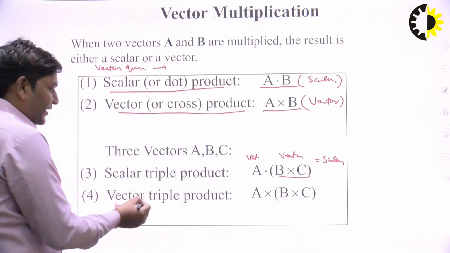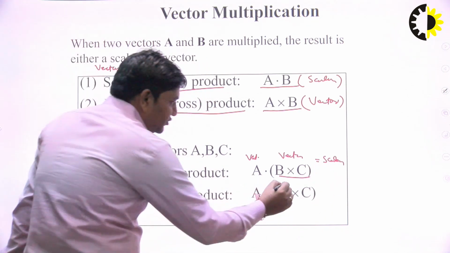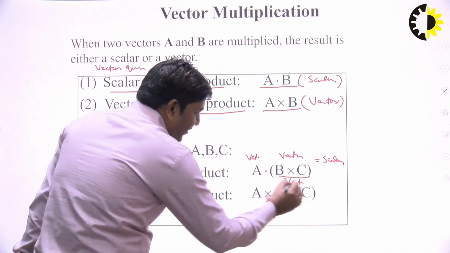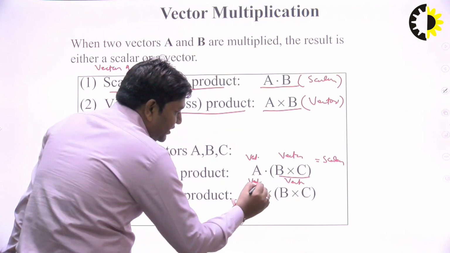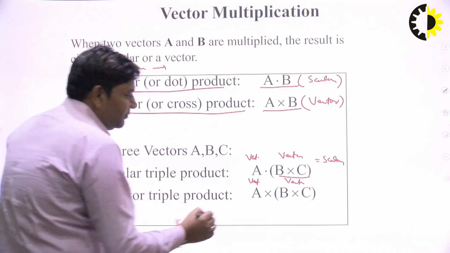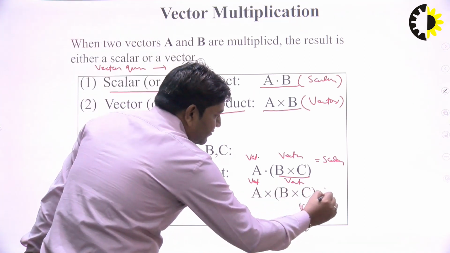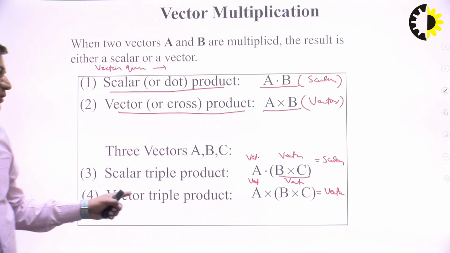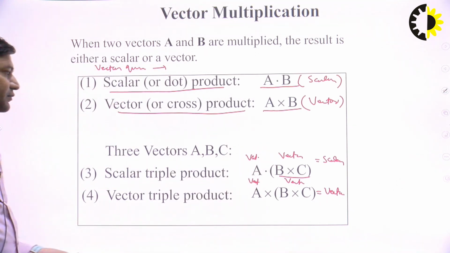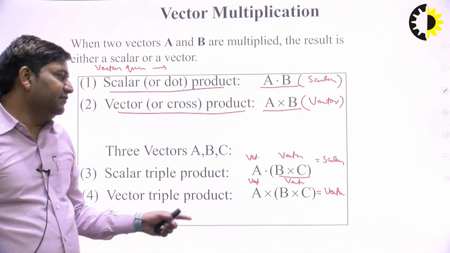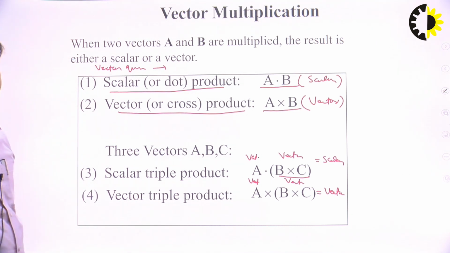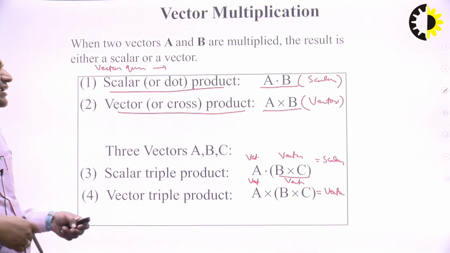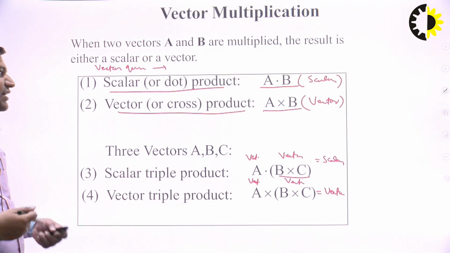In the vector triple product, a cross (b cross c), vector a cross a vector quantity also gives a vector quantity. So always the scalar triple product gives a scalar and the vector triple product gives a vector quantity. You remember these terms, the meaning of scalar product and the meaning of vector product.